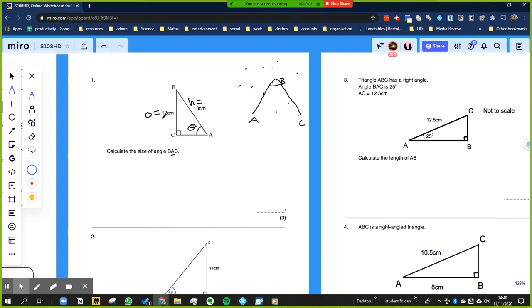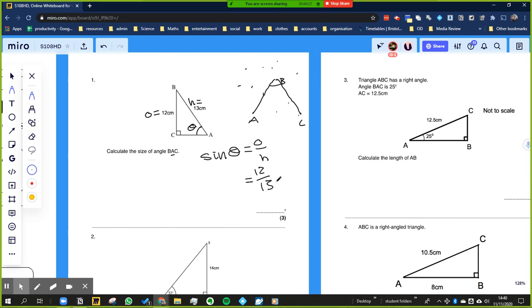We've got O and H. That spells SOH, so I want sine theta. So it's going to be the sine function: sine theta, or sine BAC, let's just say sine theta, is equal to opposite over hypotenuse, which is equal to 12 over 13.